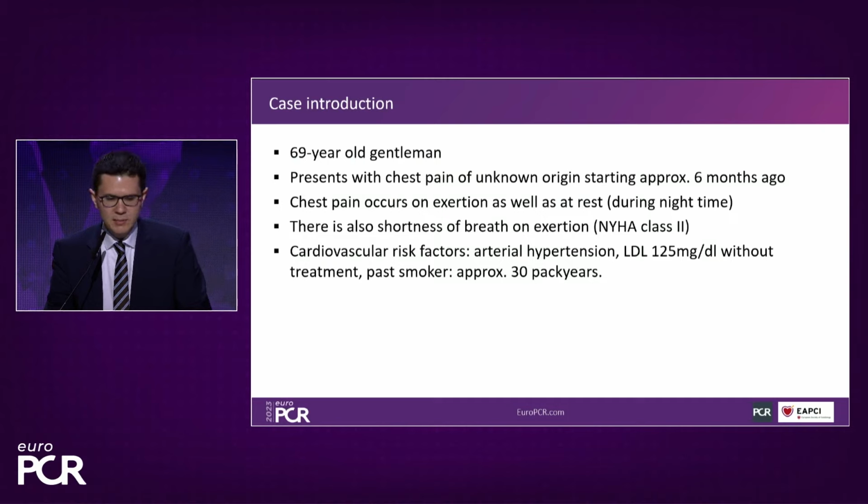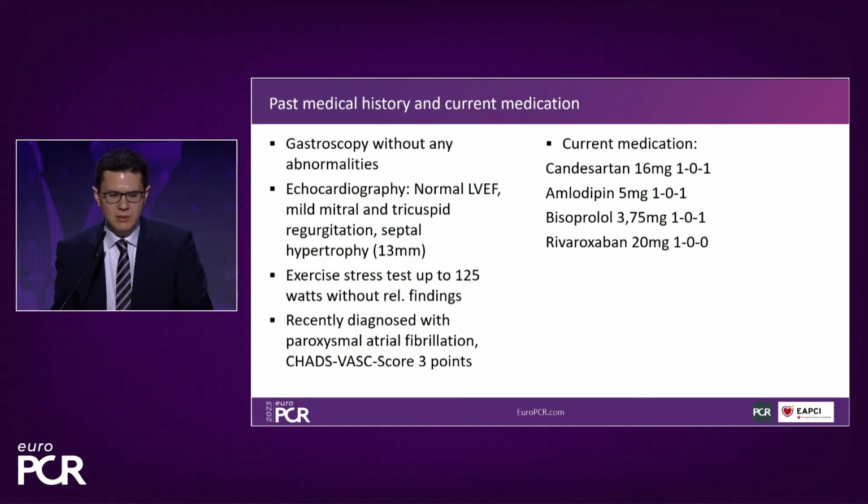He has had several investigations because of his symptoms, including gastroscopy without any abnormalities. His echocardiography shows normal LV function with only mild mitral and tricuspid regurgitation. He has septal hypertrophy because of his hypertension.